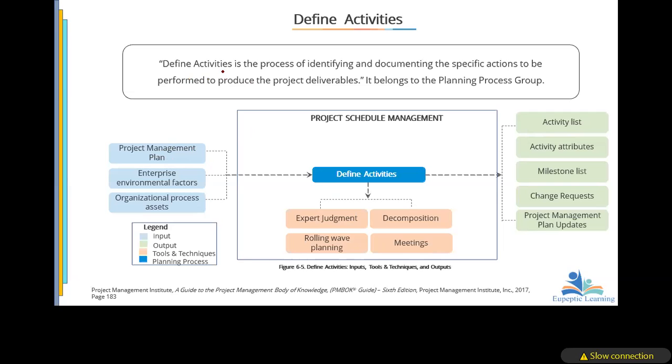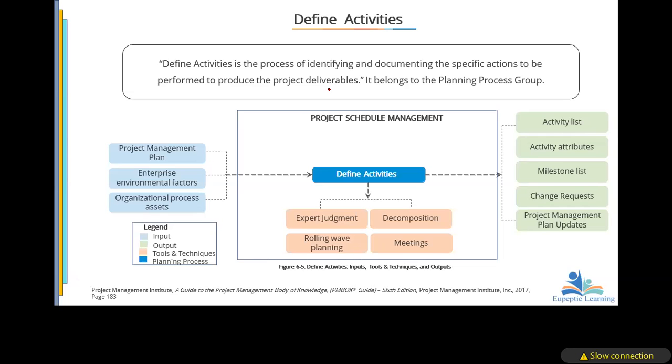So here, define activities is the process of identifying and documenting the specific actions to be performed to produce the project deliverables. Now, what activities need to be done? Remember the WBS, you are looking at the scope.